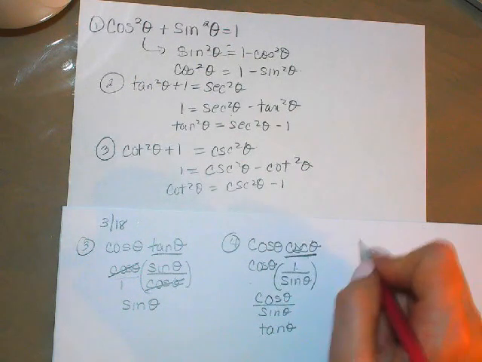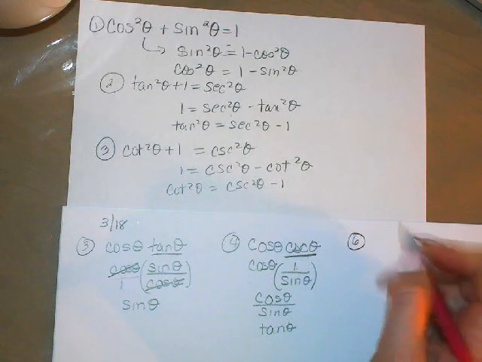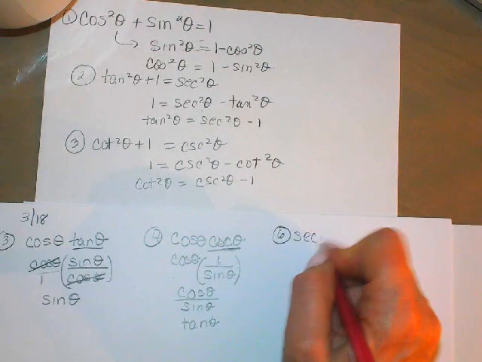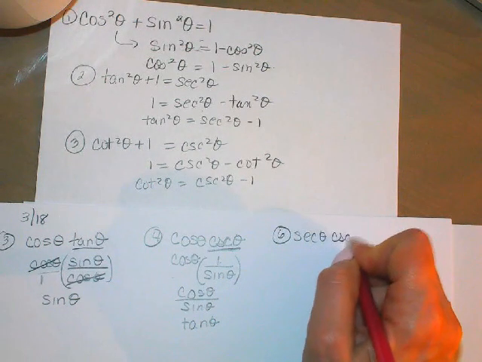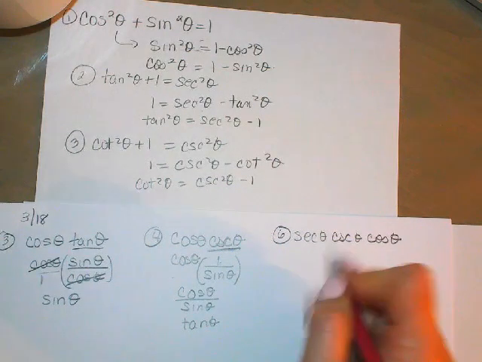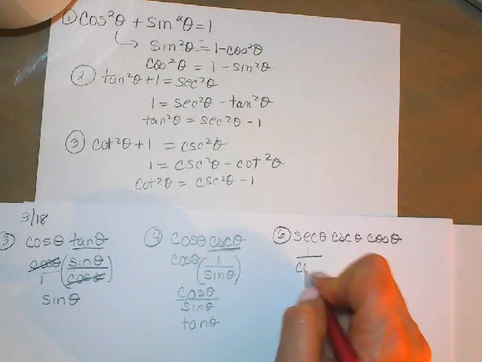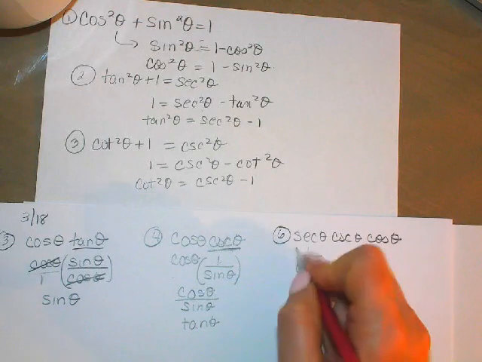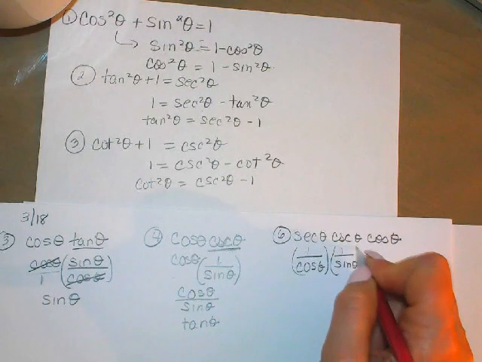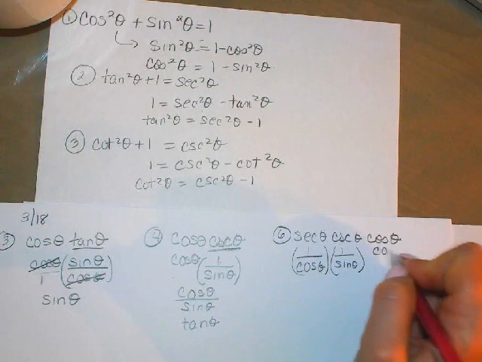And number 6 from the 18th, I have secant theta cosecant theta cosine theta. Secant is really 1 over cosine. Cosecant is 1 over sine. And cosine is cosine.